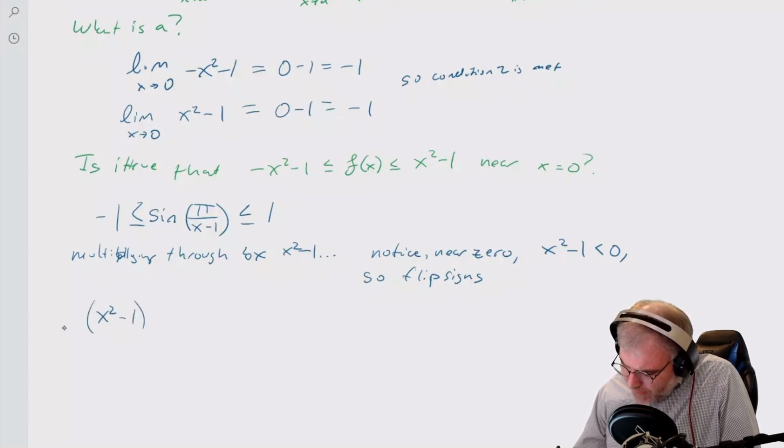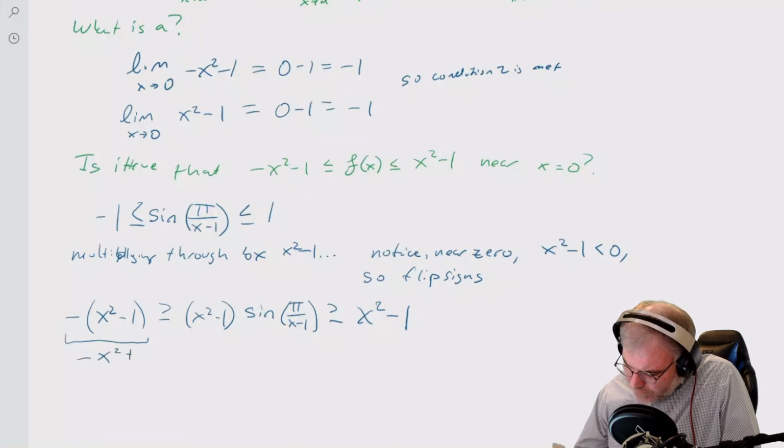I'm going to wind up with the negative here: x squared minus 1 is greater than or equal to x squared minus 1 times sine of pi over x minus 1, which is greater than or equal to x squared minus 1. And this side here is what? Negative x squared plus 1.